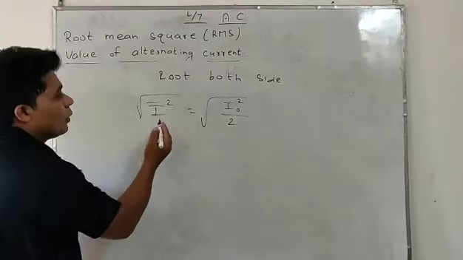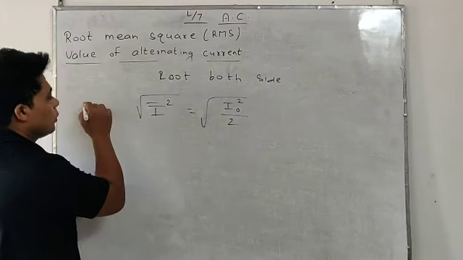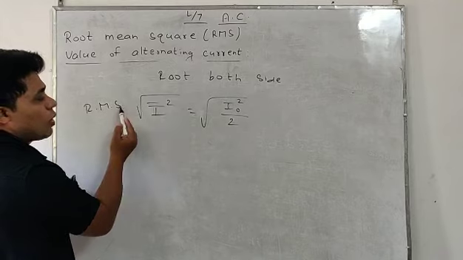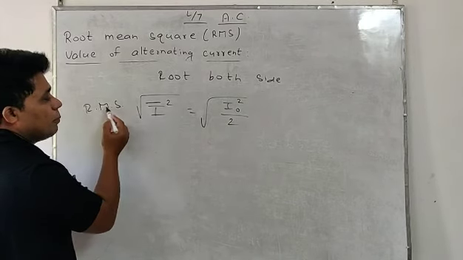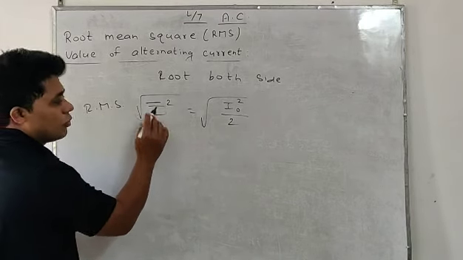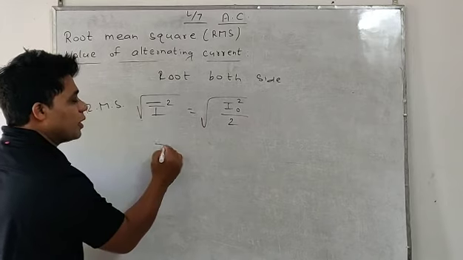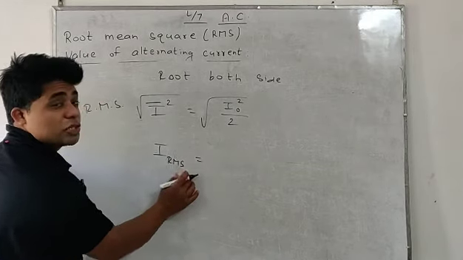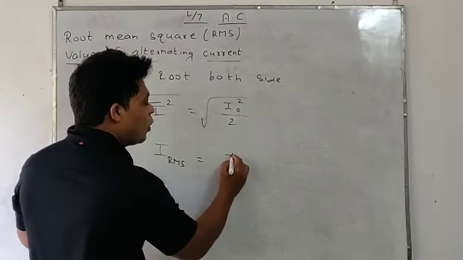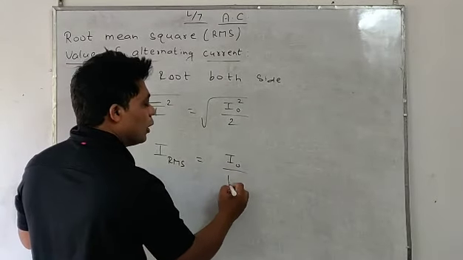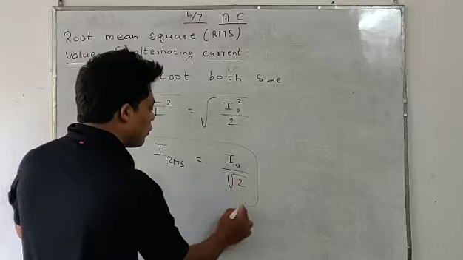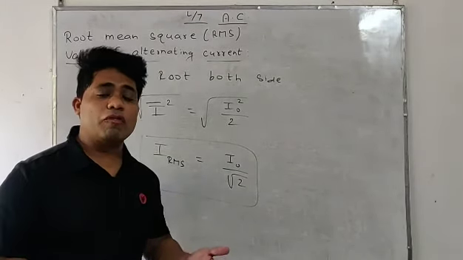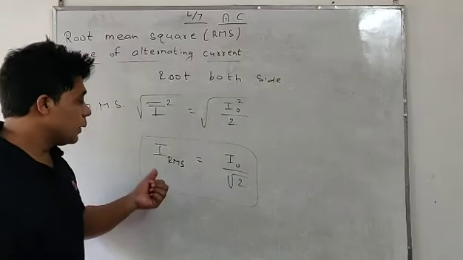Now students, this current having square, this current having mean, and this current having root. So this step can be written as I RMS, root mean square of current, root of I naught square by 2, that is I naught by root 2. So we got the very most important form. What will be the RMS value of alternating current?